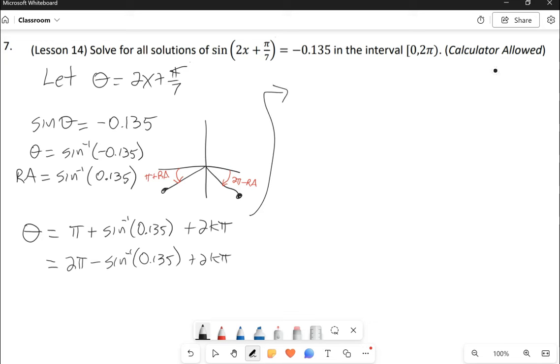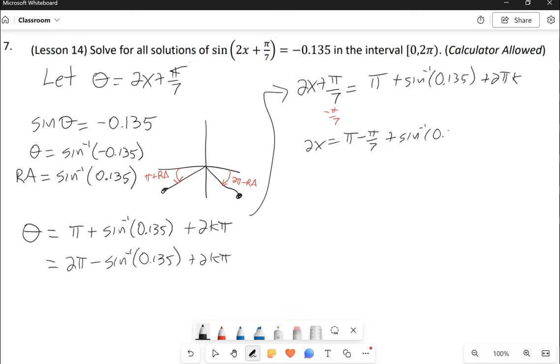Okay, so we have 2x plus pi sevenths equals pi plus arc sine of 0.135 plus 2 pi k. And if we solve that, that will be subtract pi sevenths. 2x equals pi minus pi sevenths plus arc sine of 0.135 plus 2 pi k, or 2k pi, your choice.